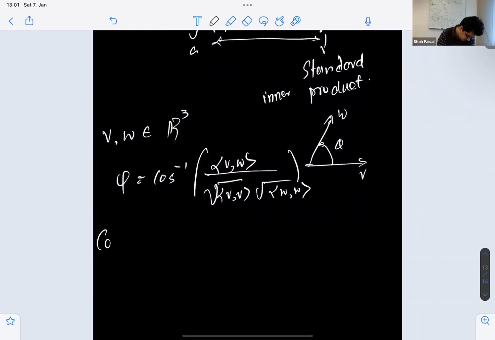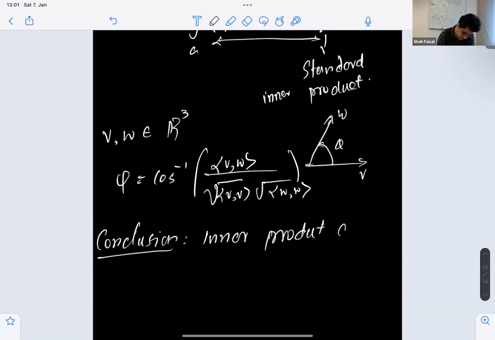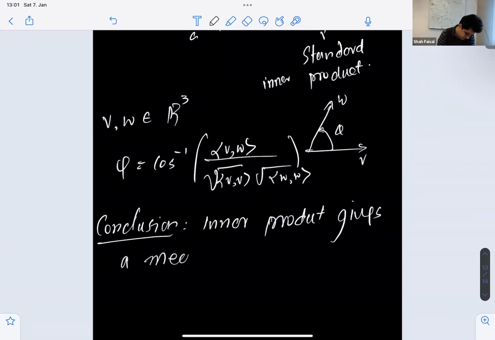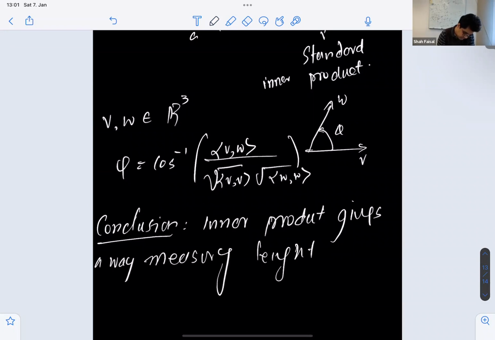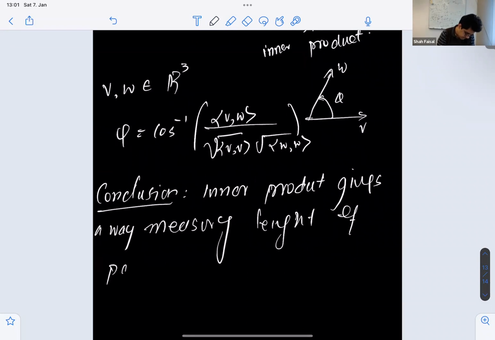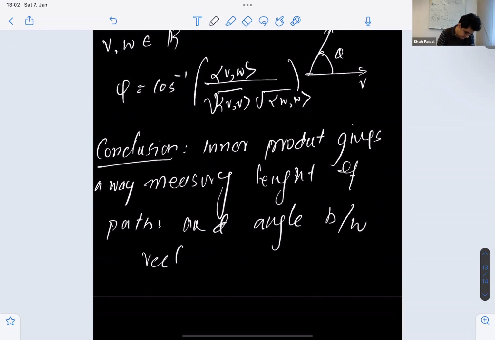So the conclusion is: an inner product gives a way of measuring lengths of paths and angles between vectors. That's something you already know.